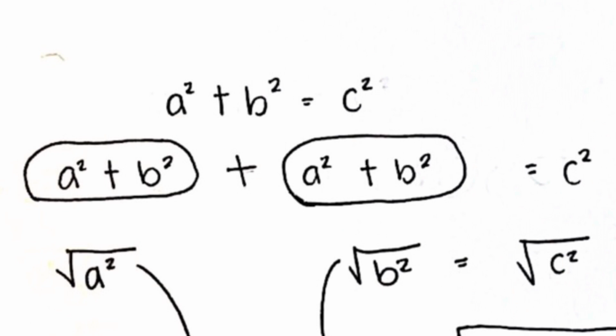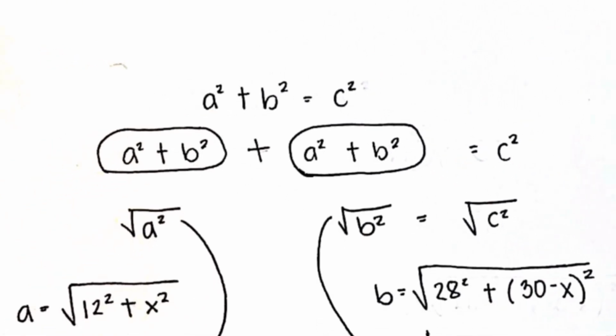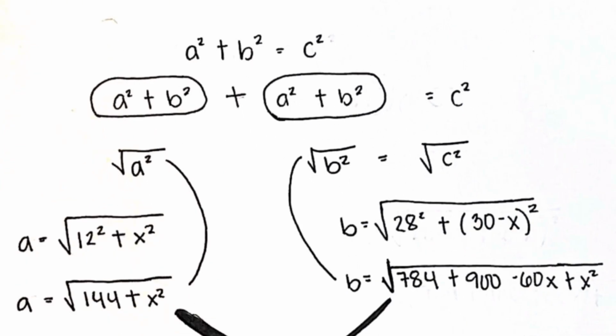Substitute our given value to a squared, which is 12 squared plus x squared, and substitute the value in our b squared, which is 28 squared and 30 minus x squared, since we will be using the remaining length of x from 30 feet. Simplify these terms. 12 squared is equal to 144, and 28 squared is equal to 784, and then use the FOIL method on 30 minus x, which gives 900 minus 60x plus x squared.